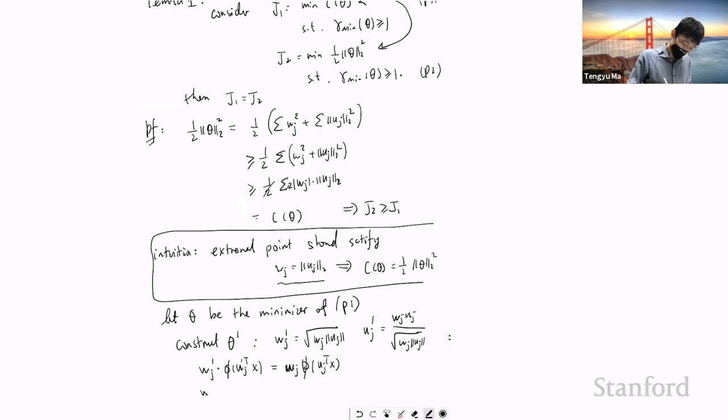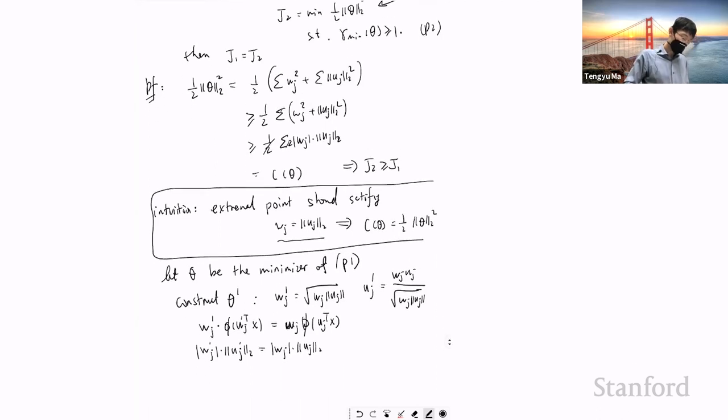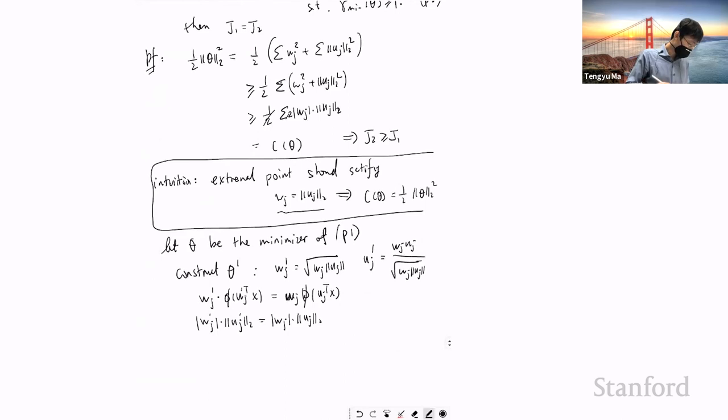And also Wj, in terms of the complex measure, they're also the same after doing this transformation. Okay, and this means that C theta is the same as C theta prime, and F theta is the same as F theta prime. So the functionality and the complex measure didn't change.